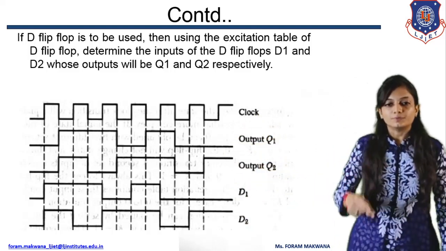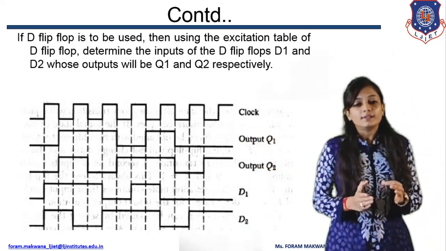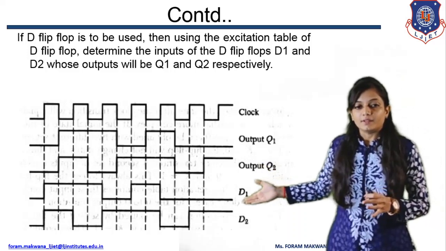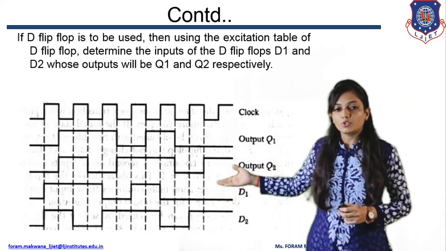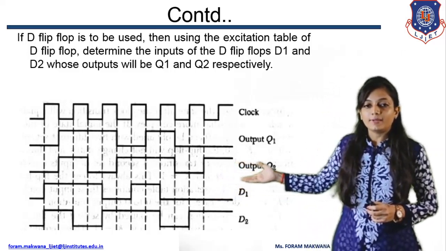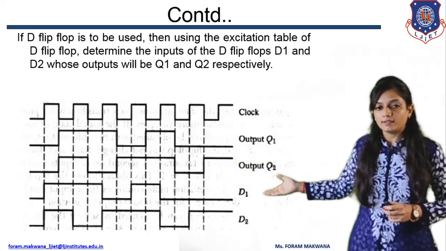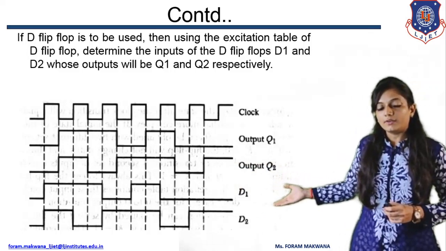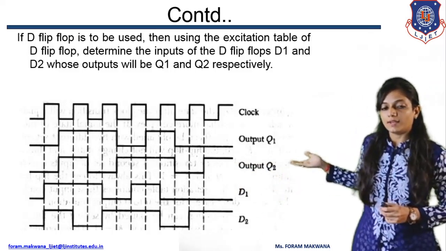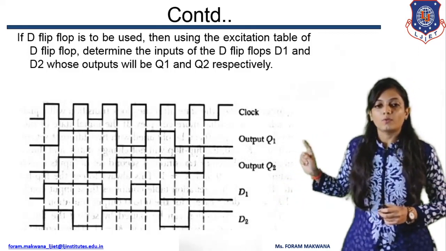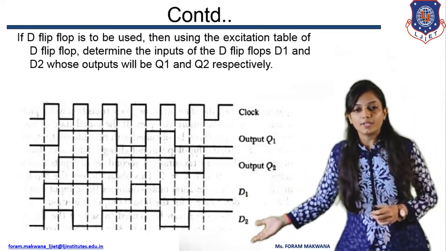Over here, D1 was earlier 0, then it goes to 1 and remains 1 for 2 clock cycles, then it goes to 0 and remains 0 for 1 clock pulse, again goes to 1 and remains 1 for 1 clock pulse. Similarly for D2.